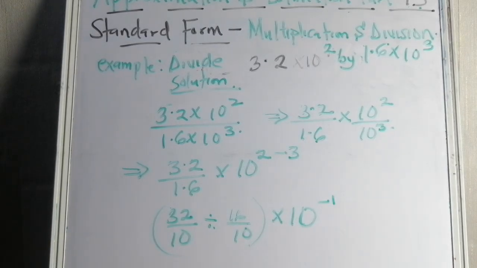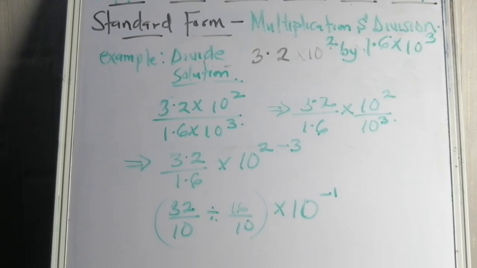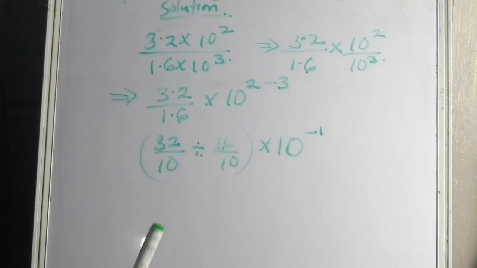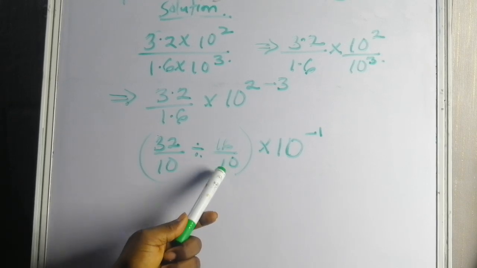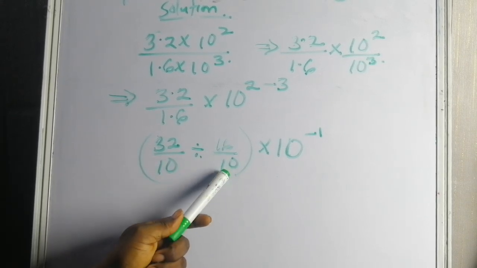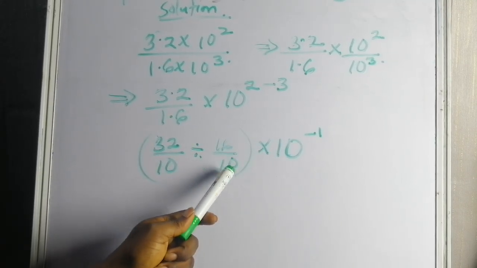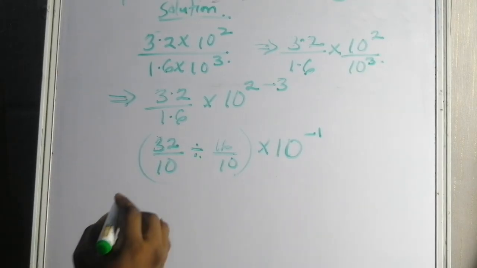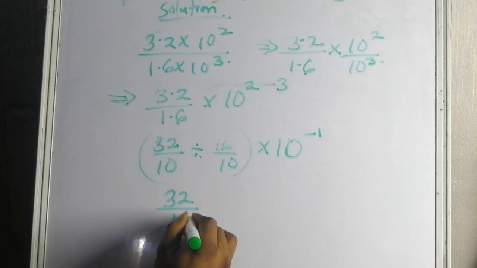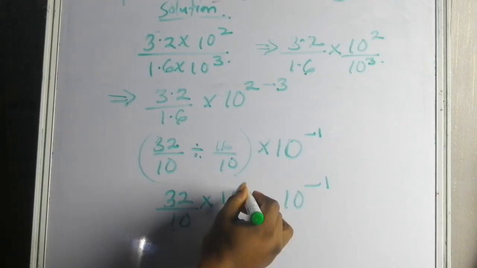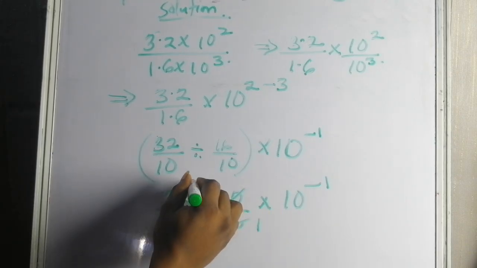Very simple. And I've told you that anytime you want to change division to multiplication, anything on the right hand side of the sign, 16 over 10, the numerator will become denominator, the denominator will become numerator. So this is 32 over 10 times 10 over 16 times 10 raised to power minus 1. 10 will cancel 10, 16 here 1, 16 here 2.